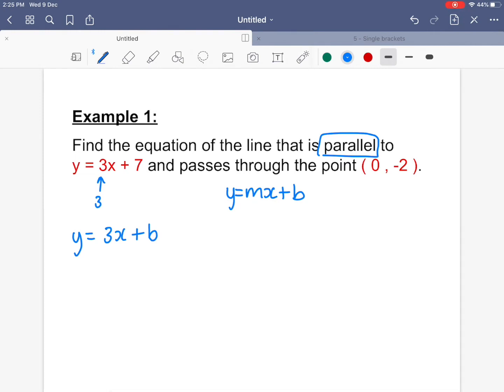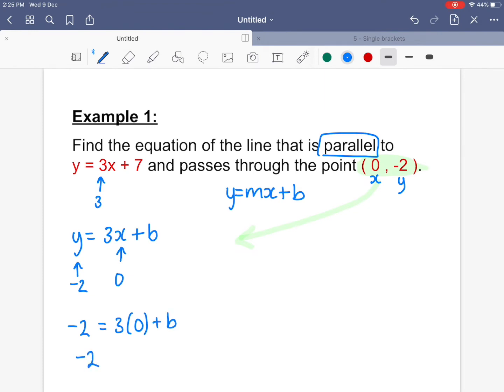But we're given a second bit of information. You're told that it goes through the point 0, minus 2. So we're going to use that to help us define the b value. This means that x is 0 when y is minus 2. So if I put that into my equation, y is minus 2 and x is 0, then I have minus 2 is equal to 3 times 0 plus b.